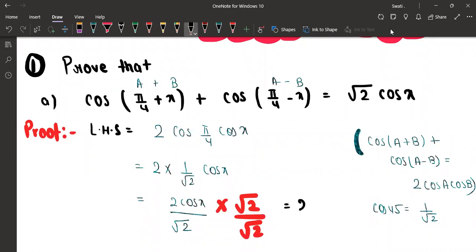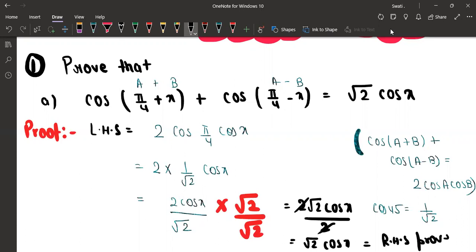So this becomes 2 root 2 cos x, and in the denominator we have root 2 into root 2, which is root 2 squared. Square and root get cancelled, so it is just 2. Now this 2 and this 2 get cancelled. So we are getting root 2 cos x only, that is nothing but our RHS. Hence, proved. So that is the first proof.